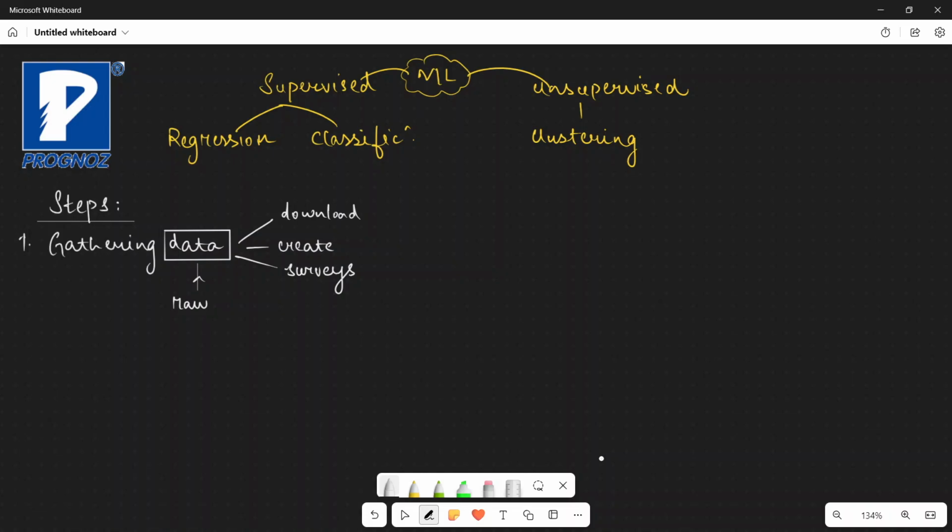So this data, which is raw in nature, needs to be cleaned, needs to be pre-processed before we can actually use it for creating any machine learning model. With that, we come to step number 2, which is called data cleaning, or you can call it data pre-processing.